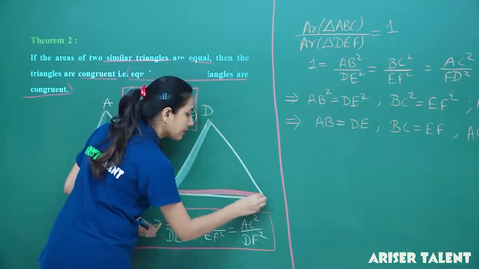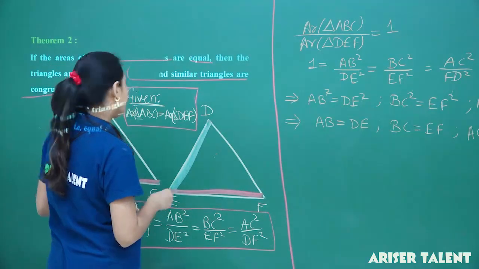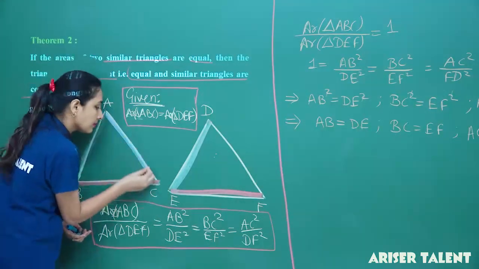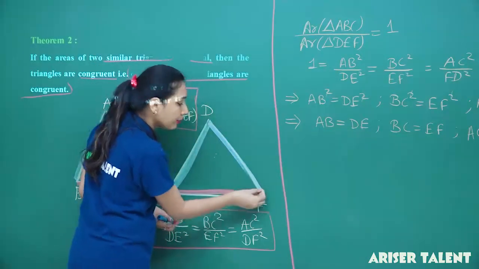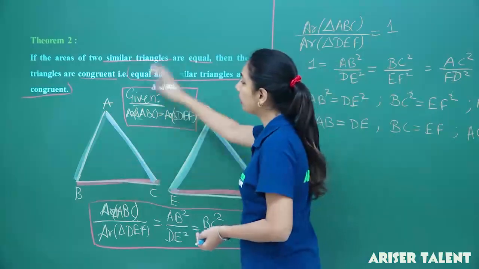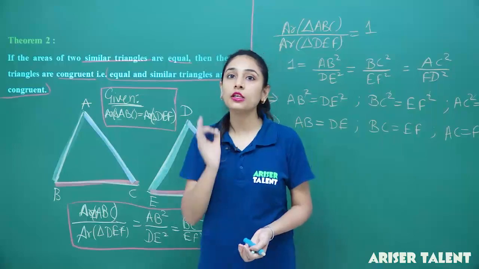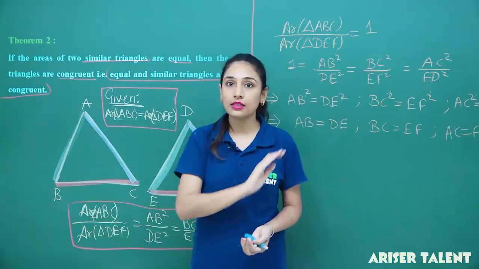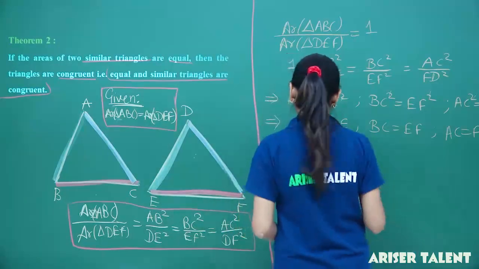EF, right? And AC is equal to what? FD or DF. Now you can see these 3 sides are equal to these 3 sides. So by side congruency, we can say that these 2 triangles are what? Congruent.